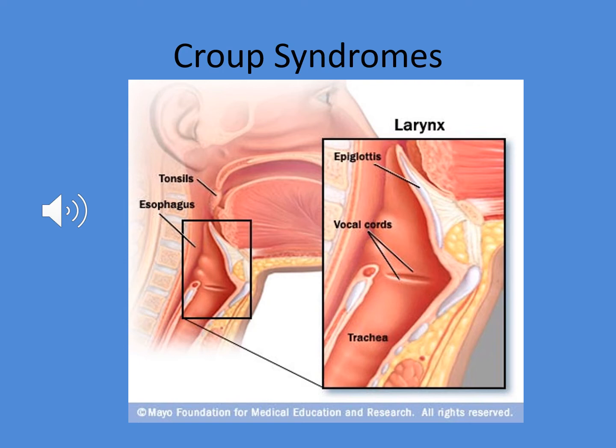So we have 5 croup syndromes that we're going to talk about in no particular order. Epiglottitis, laryngitis, spasmodic laryngitis, laryngotracheal bronchitis, often referred to as LTB, and tracheitis.